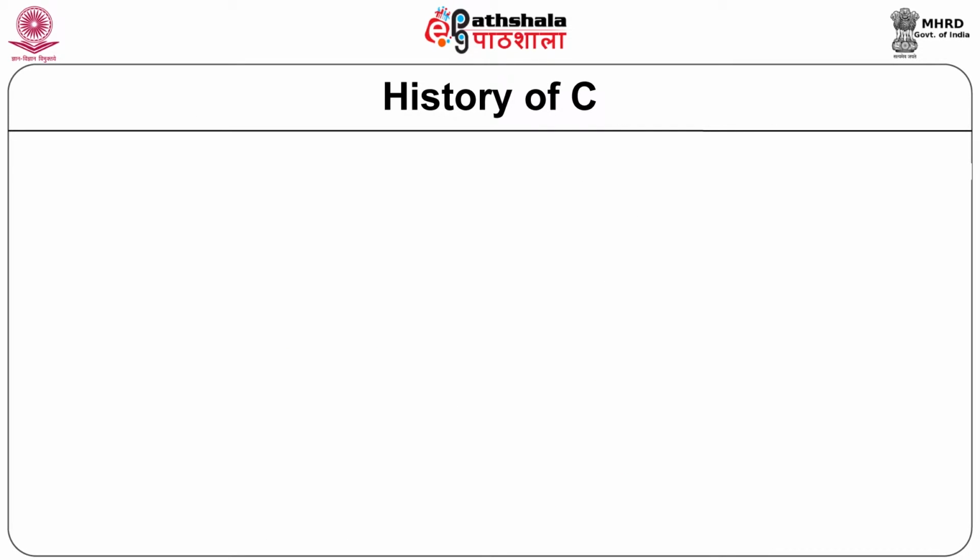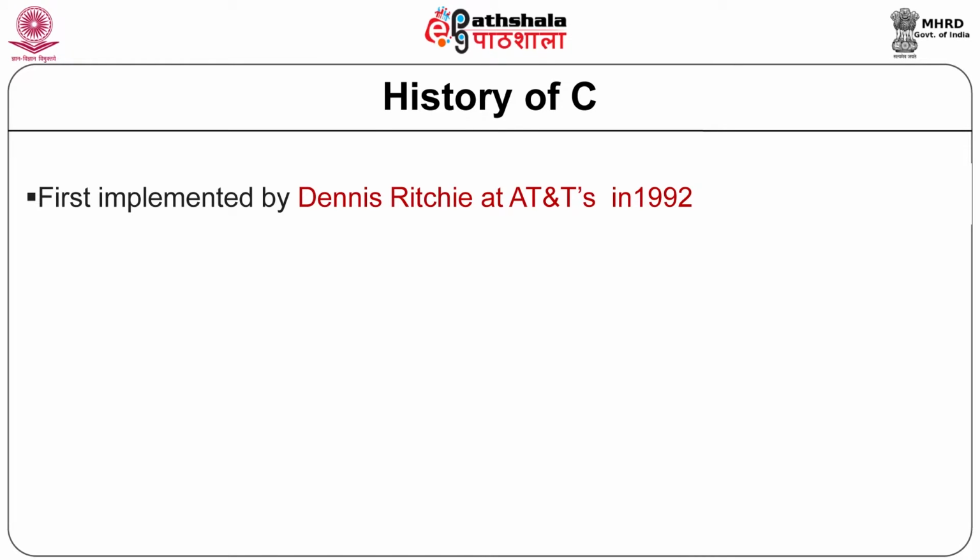If you want to learn the basics of any language, we should know the history of that language. As we know, C was first implemented by Dennis Ritchie at AT&T Bell Laboratory of USA in 1972.